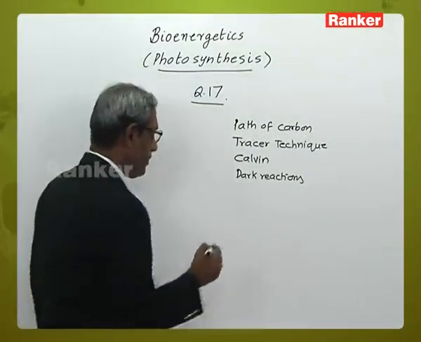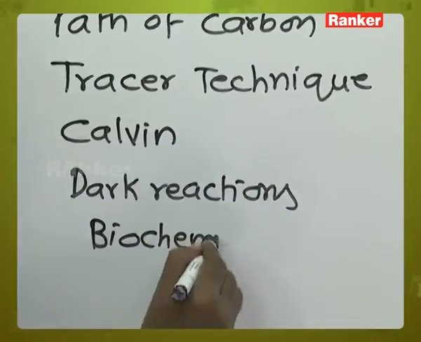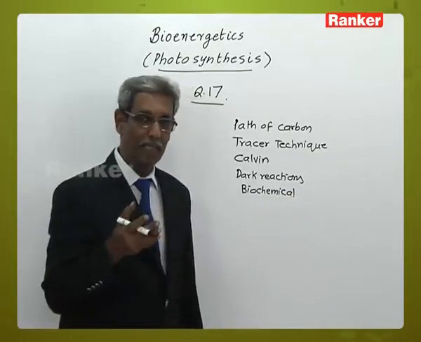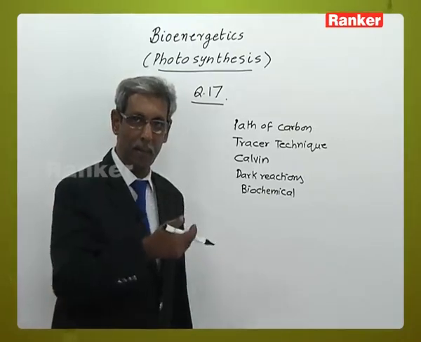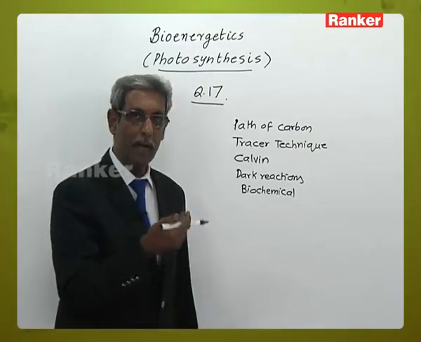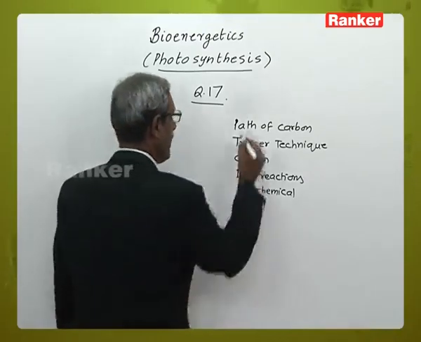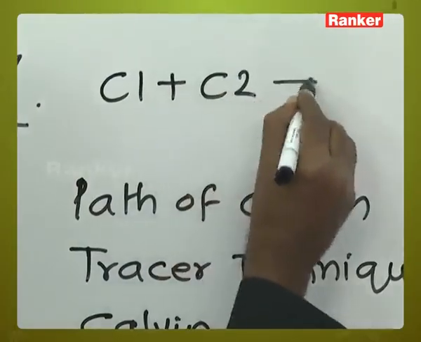Now, dark reactions are predominantly biochemical reactions. So, in the biochemical reactions, we have primarily a 2 carbon or a 3 carbon or a 4 carbon compound, and what really happens in the dark reactions? In the dark reactions, a single carbon can combine with another carbon to form a triose.